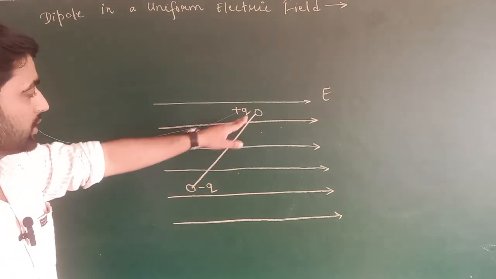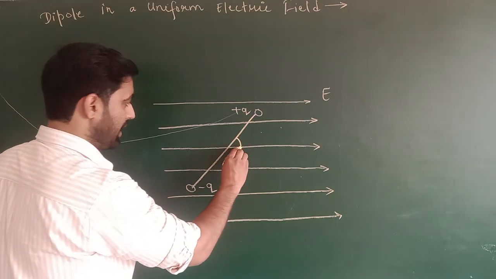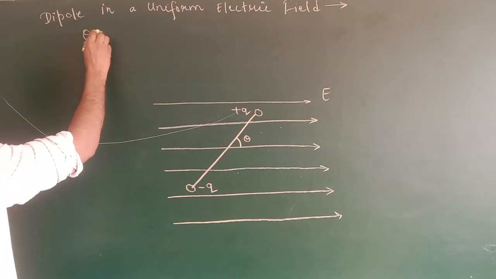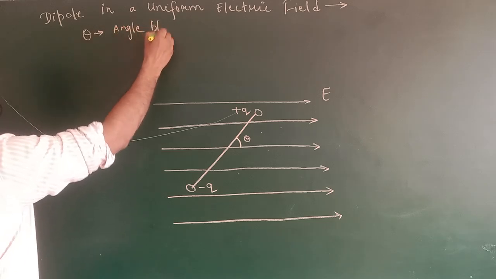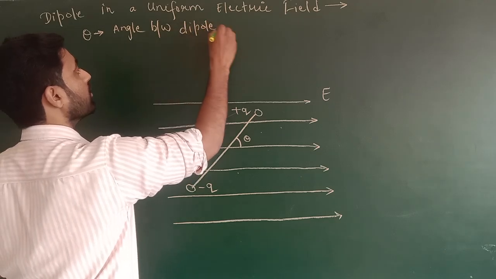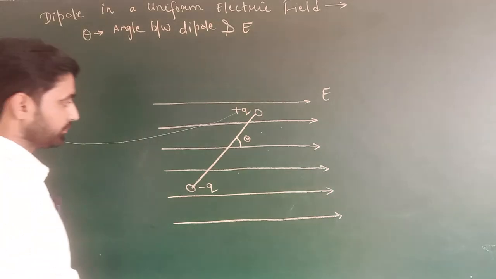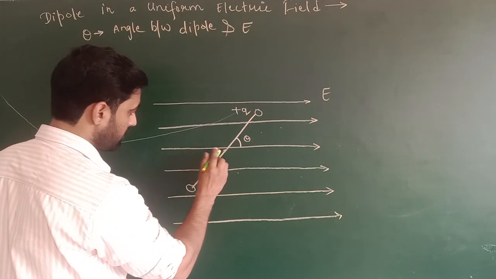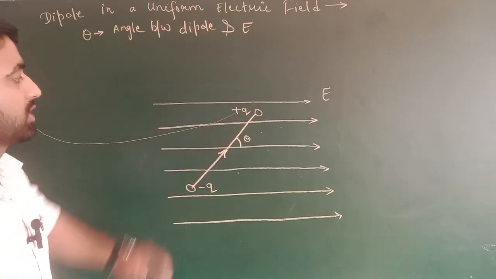These are the charges plus q and minus q. Let the dipole be aligned at angle theta from the electric field. What is theta? Angle between dipole and electric field. The direction of the dipole is from negative to positive charge.